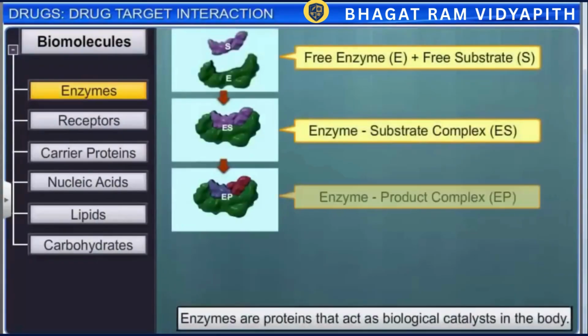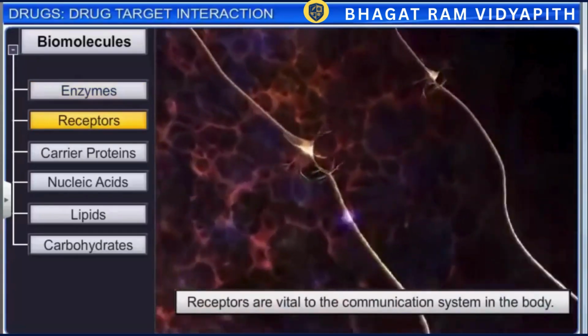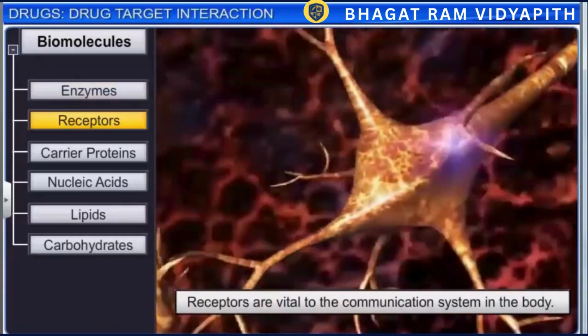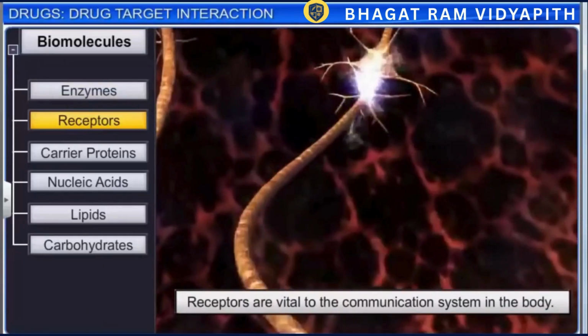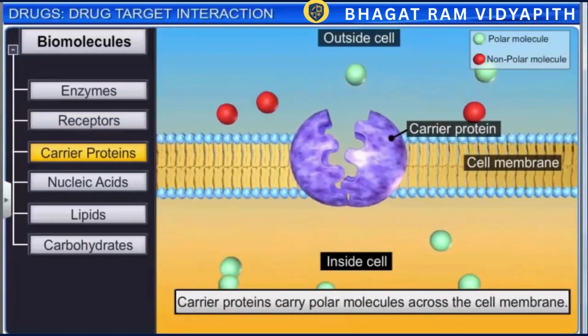Enzymes are proteins that act as biological catalysts in the body. Receptors are vital to the communication system in the body. Carrier proteins carry polar molecules across the cell membrane.